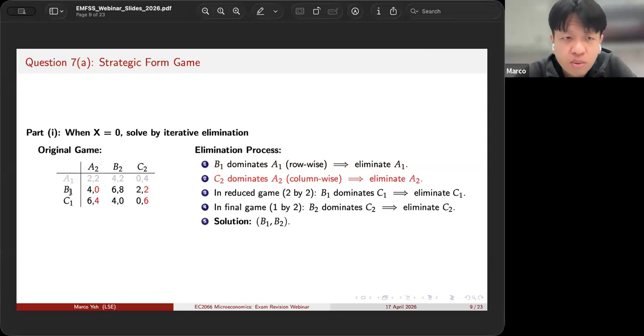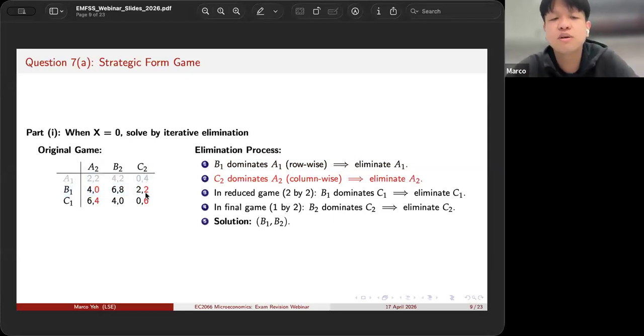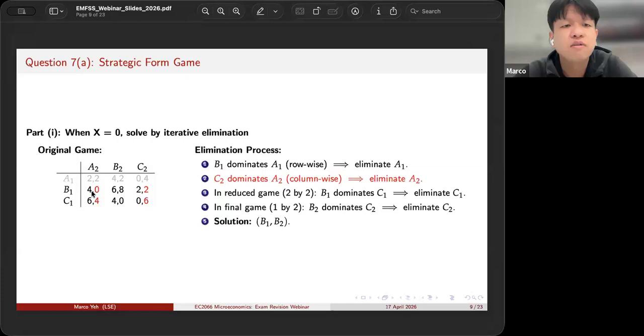If player 1 is playing B1, then if I play C2 as player 2, I get 2, but if I play A2, I only get 0. If player 1 is playing C1, and I play C2, I get 6, and if I play A2, I get 4. So 2 is greater than 0 and 6 is greater than 4, both in a strict way. So a rational player 2 would not play A2 at any equilibrium, and we can eliminate A2 for sure.